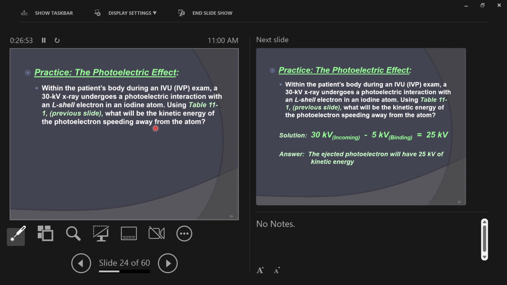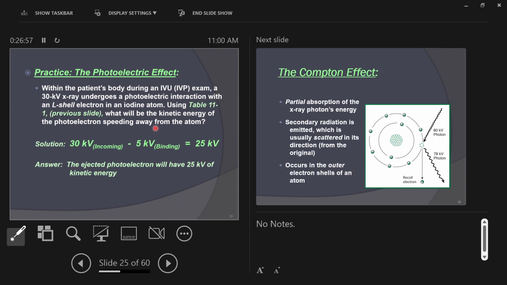The photoelectron leaves with 25 kV. And that's what's shown here. 30 kV of the incoming photon, 5 kV in binding energy, leaves behind 25 kV. The ejected photoelectron has 25 kV of kinetic energy.